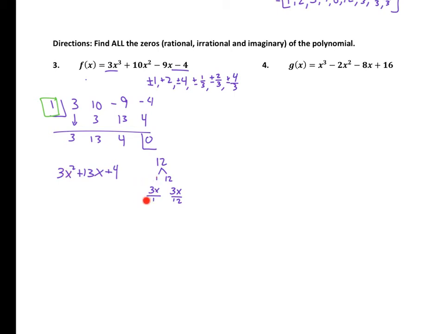We're going to take the 1, we're going to put that down here. And then take the 3x here with 12 underneath. So we're going to reduce now to come up with our factors. 3x over 1, x over 4. That gives us 3x plus 1 with x plus 4. Set those equal to 0. So now we get x equals -1/3, -4, and +1.